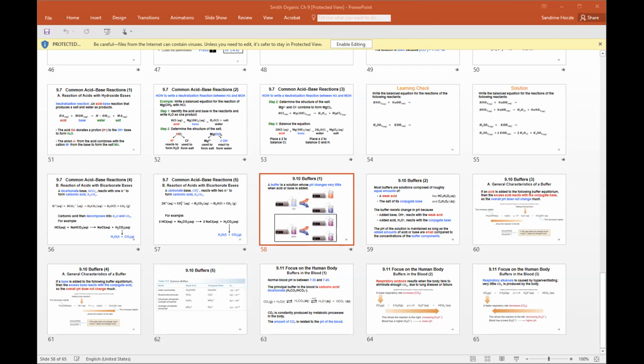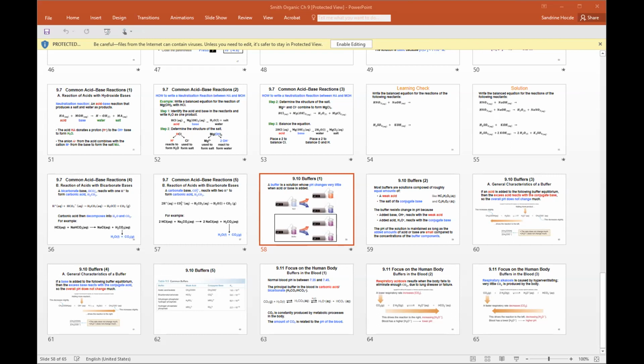And so a buffer resists changes in pH because if you add a base to disturb the solution, it will react with the weak acid of the buffer. And if you add an acid, it will react with the conjugate base of the buffer.